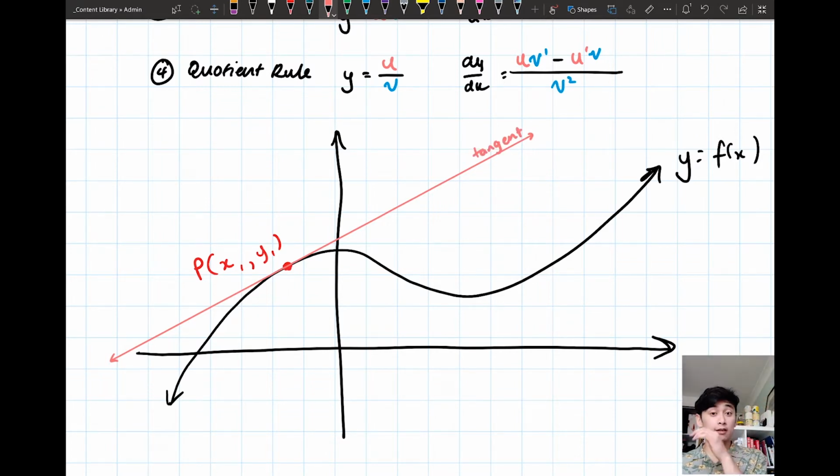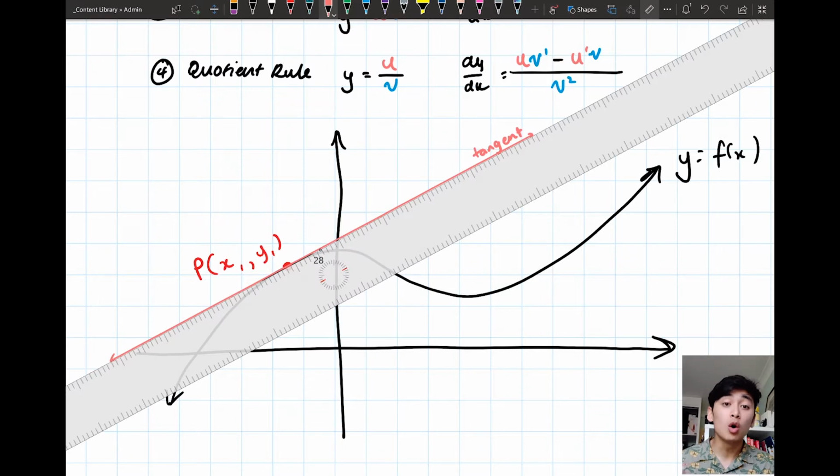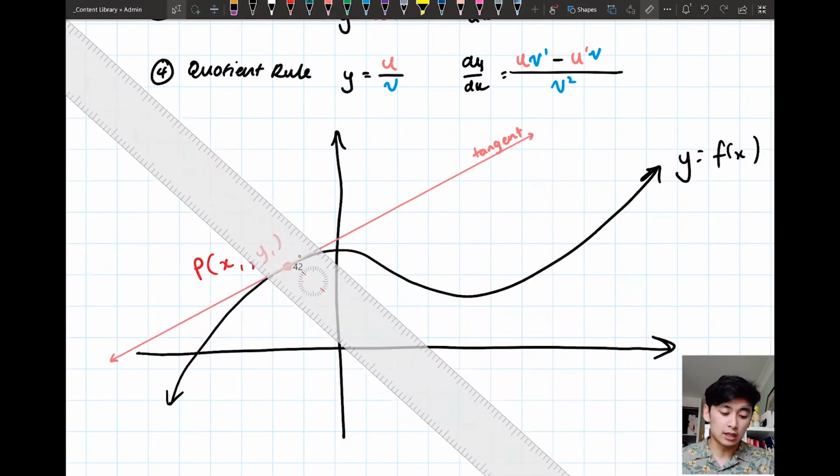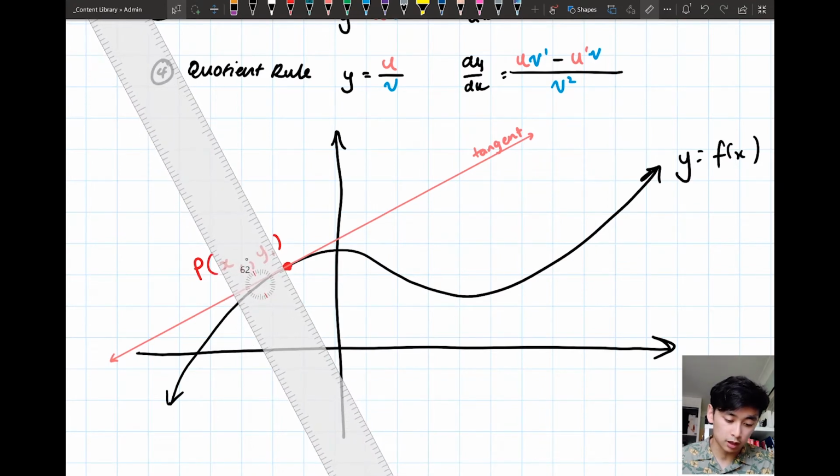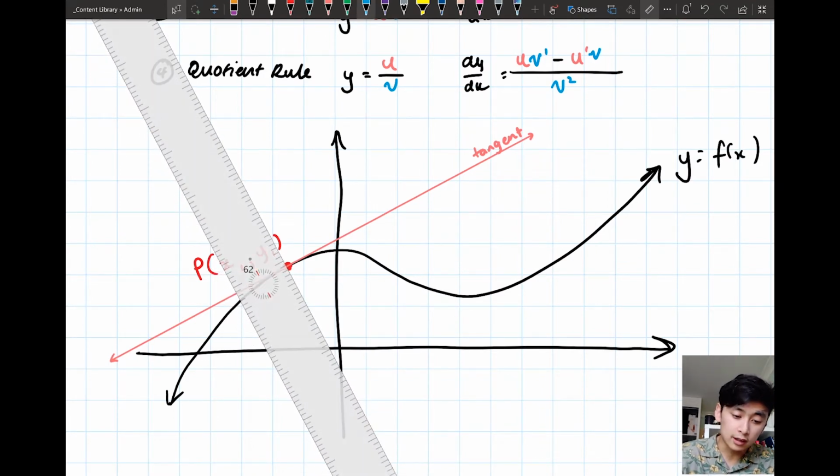What we're going to look at is finding the equation of this tangent. The other line that we need to know is our normal. The normal is the line which is perpendicular to this tangent. At this one point, it's the line that is perpendicular to it, so it meets it at a 90-degree angle.